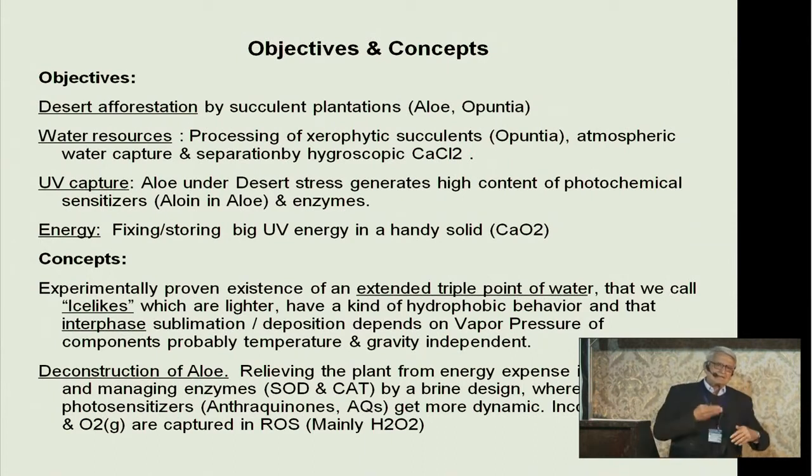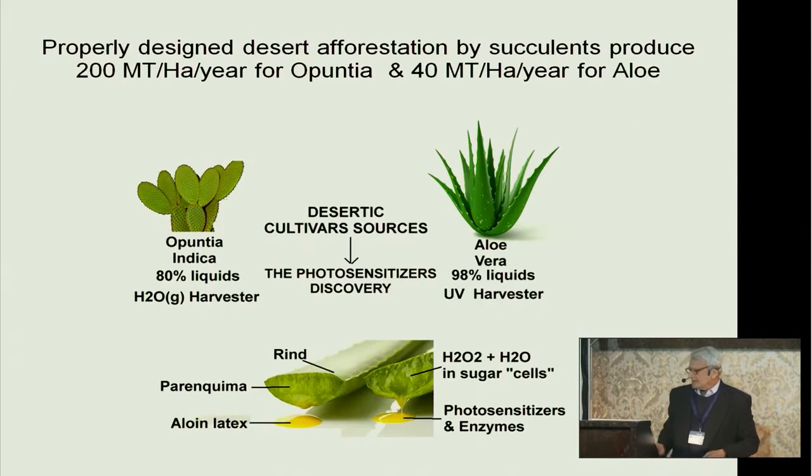But the plant cannot have too much hydrogen peroxide, so the catalase enters there and decomposes that. These are the two plants, the Opuntia, which is a cactus, and on the other hand, Aloe, well, both are succulents. So we are going to use the Opuntia for water resources, and the aloe vera for the UV harvesting.